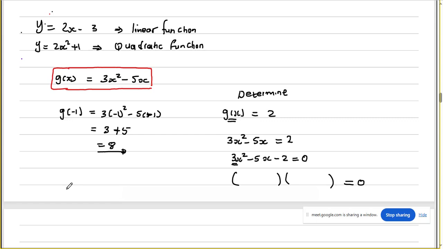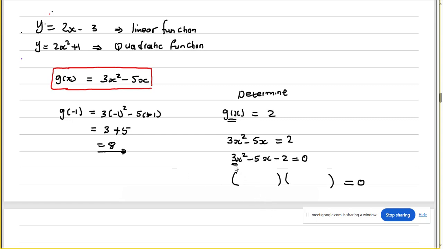Using a calculator? Remember, since you are in grade 10, you can't use the quadratic formula yet, unless you are doing IB. But let me give you a tip on how to go about this.